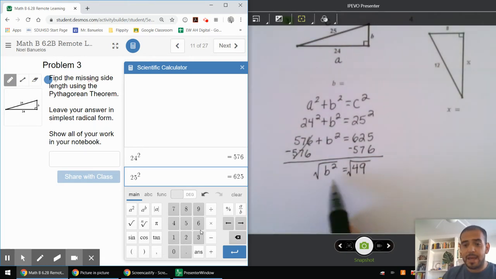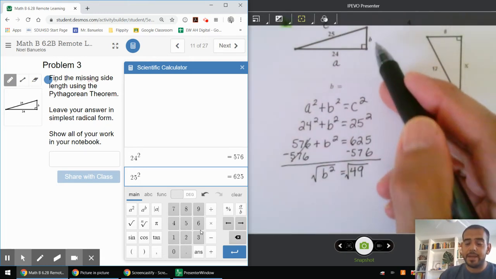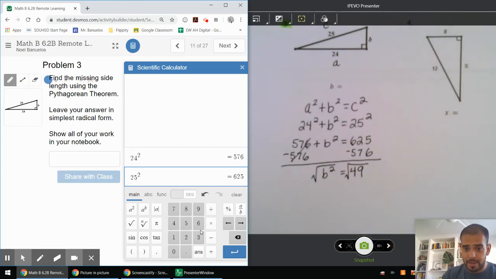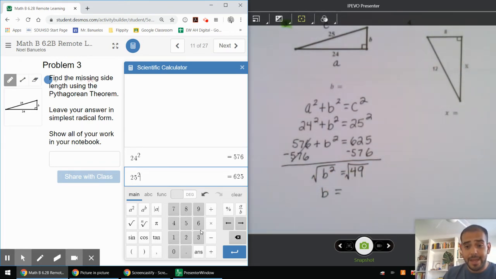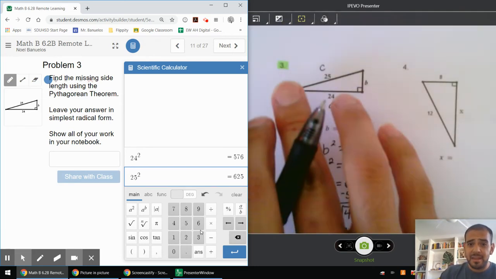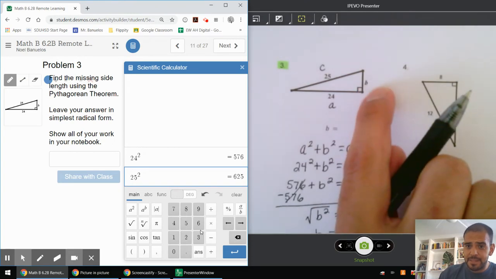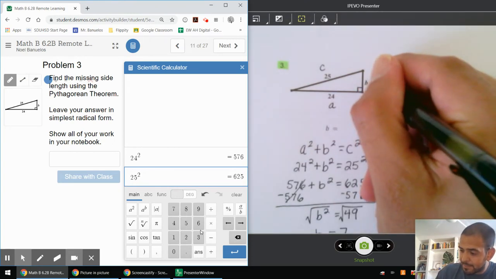Students are going to stop right here and say, oh, b is 49. No, b squared is 49. So you got to take the square root of both sides. These cancel each other out, b, and the square root of 49 is 7. So the side length in number 3, this leg has a measurement of 7.